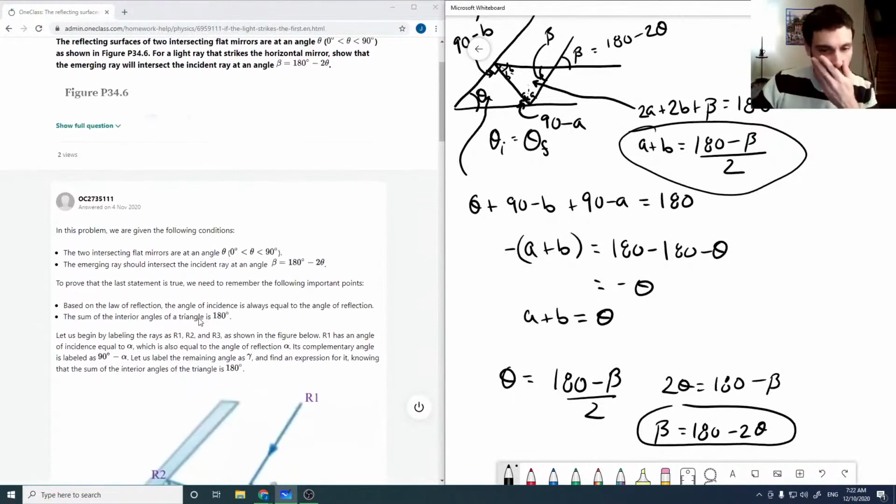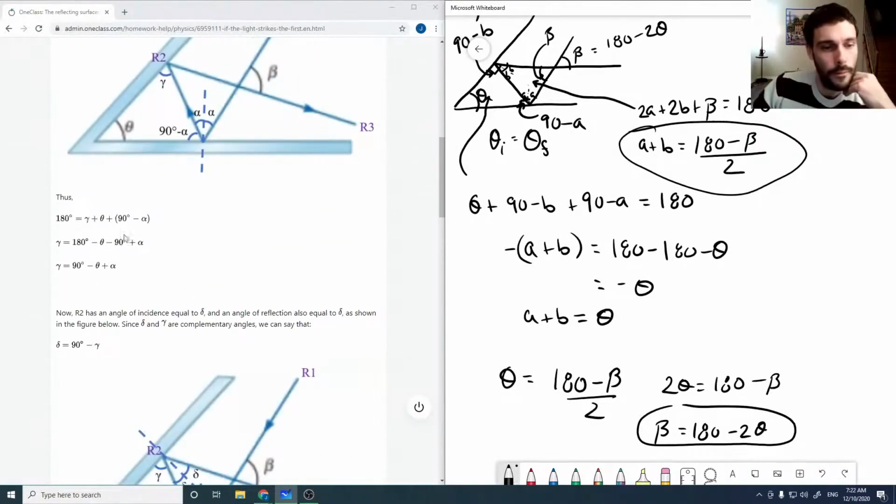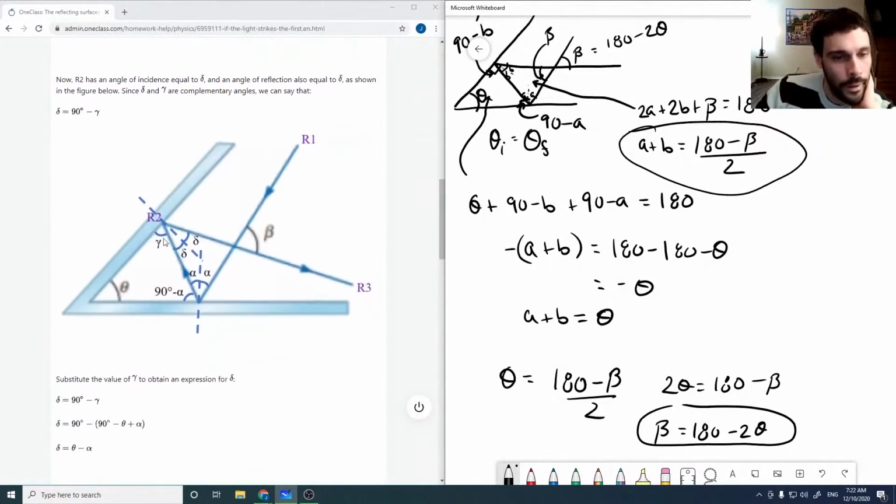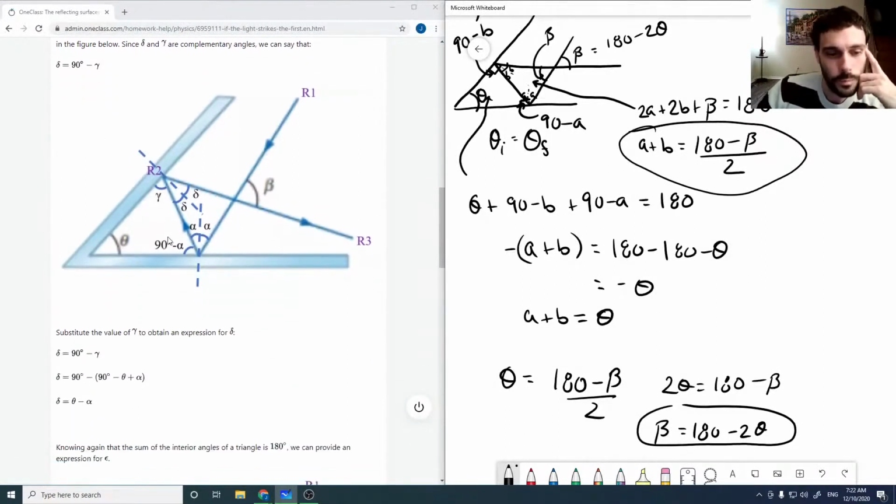If we scroll down, we can grab the angles up here. So they solve for gamma, which is this angle up here. Show that this angle in here is 90 minus gamma.